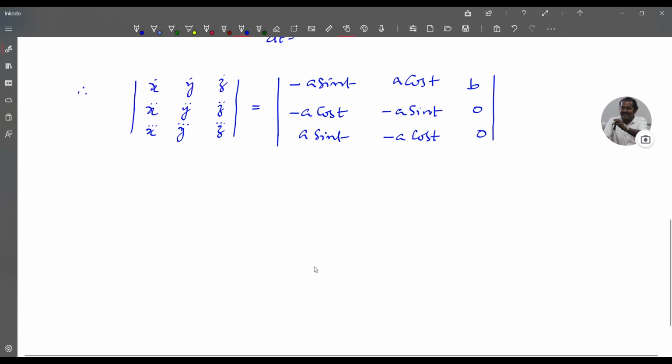So this is equal to minus a sin t into minus a sin t into 0, minus a cos t into 0.